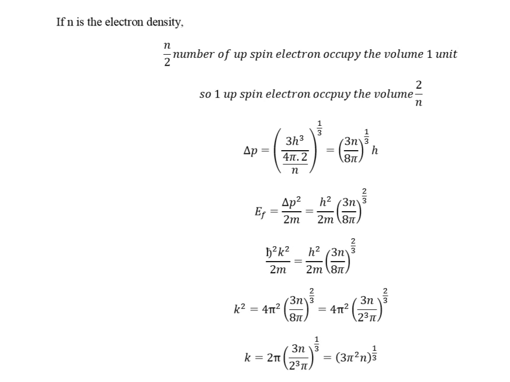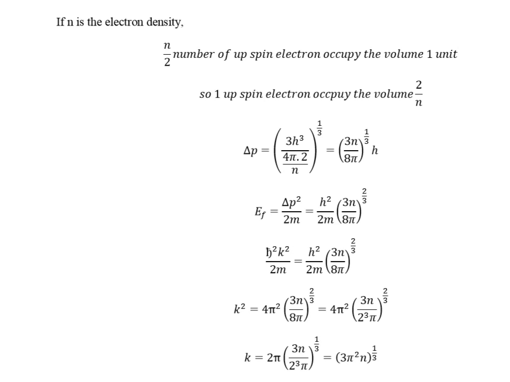Or in other words, we can say that n by 2 spin up electrons occupy the volume 1 unit. So 1 up spin electron occupies the volume 2 by n. Substituting this value in delta P, we get delta P equal to 3n by 8 pi raised to 1 by 3 h.